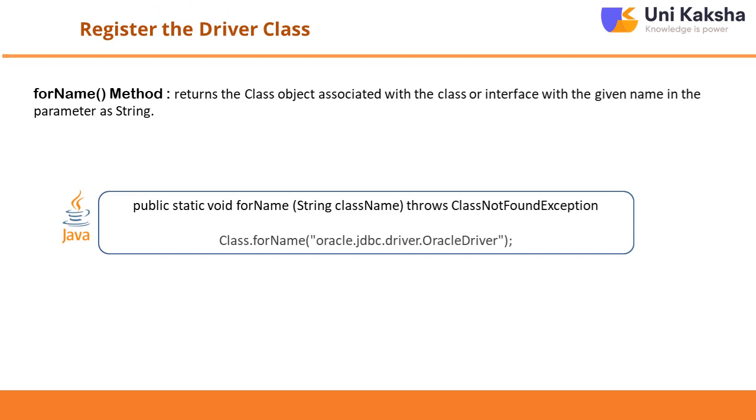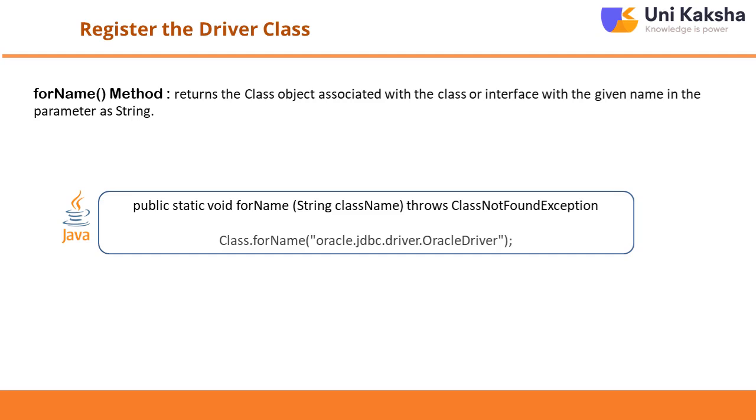The next thing is to register the appropriate driver class. For registering the appropriate driver, you require the forName method. The Java forName method returns the class object which is associated with the class or interface with the given name in the parameter as a string. Here is the syntax specified for writing the forName method.